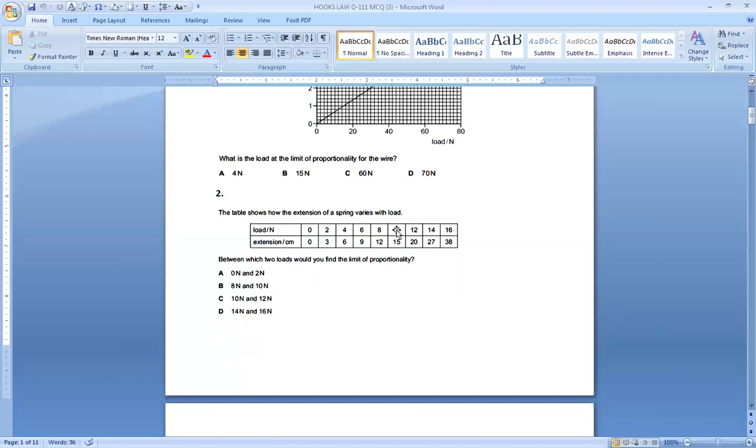But between 10 Newton and 12 Newton load, there is a change of 5 centimeter. It means the limit of proportionality lies between 10 and 12 Newton. Before, the extension was 3 centimeter. So the option is C.